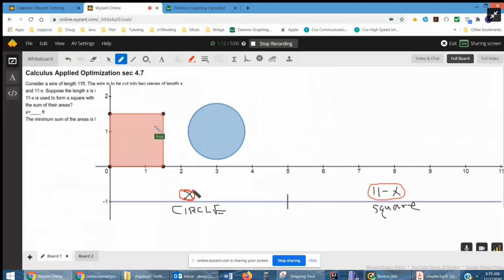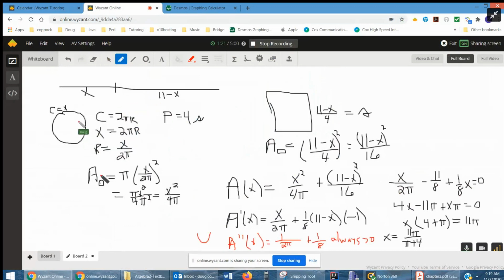So what we need to do is come up with a function that defines the sum of the areas of these two shapes. And here's a way to think about it. This X piece of wire, I'm bending into the shape of a circle. That means the circumference of the circle is X, but the circumference of a circle is 2 pi times the radius.